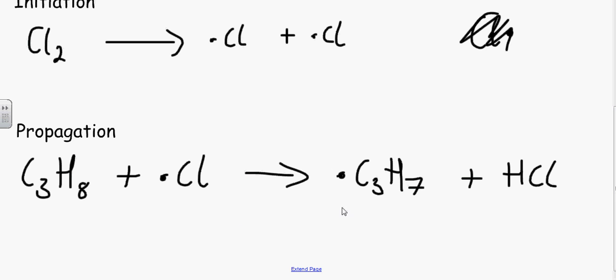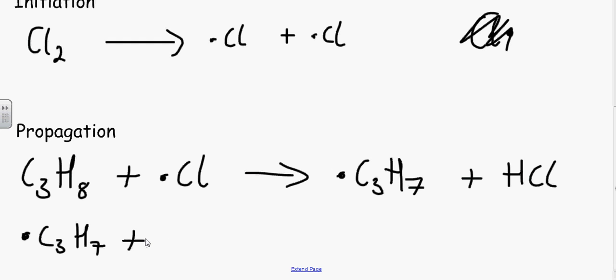Now what else happens is that we've got this second step, which is the •C3H7. Now it is important that the dot is before the carbon, because the spare electron is on the carbon and not on the hydrogen.